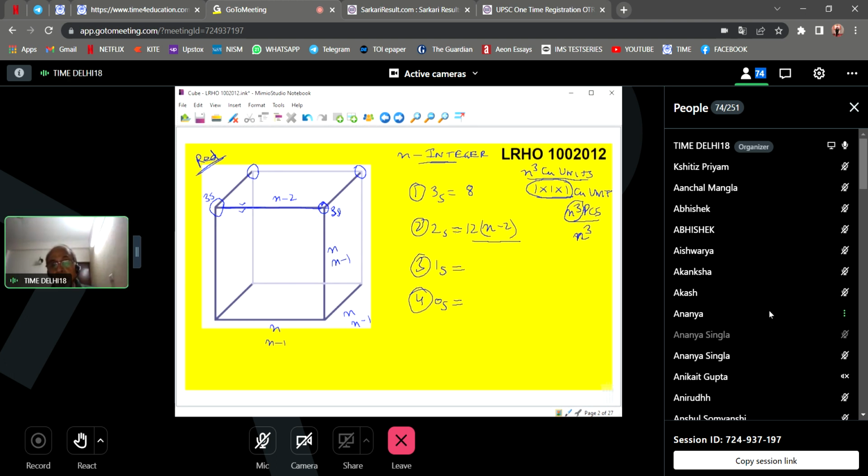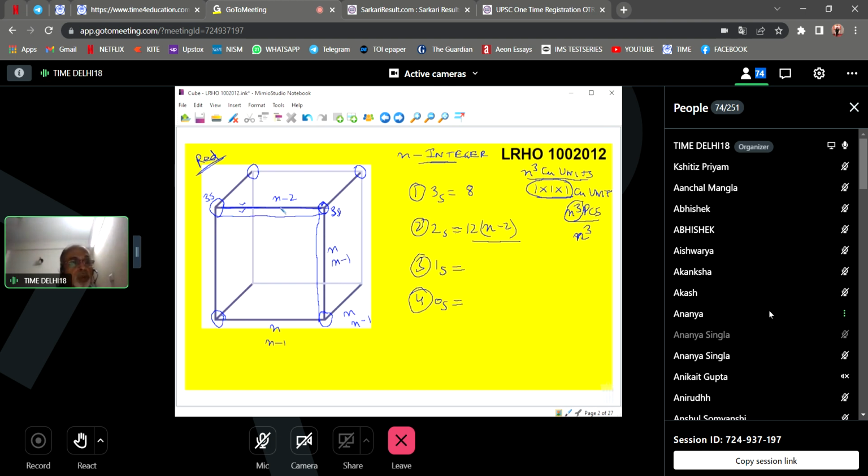Where will we find one side painted? One side painted we will not find on the edges. They'll not be on the edges. It won't be on this edge. Okay, I'm working on this face. This is 3 side painted, this is 3 side painted, this corner is also 3 side painted.